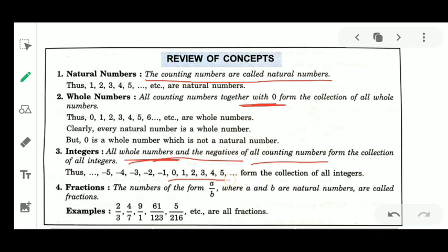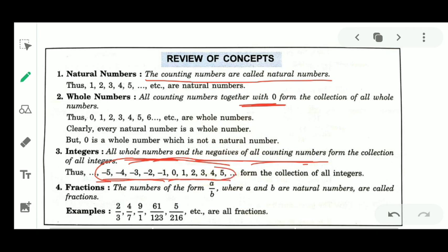These are the whole numbers. And the negatives of all counting numbers, that are -5, -4, -3, -2, -1. These are the negatives of all counting numbers. So the collection of these numbers are called integers.